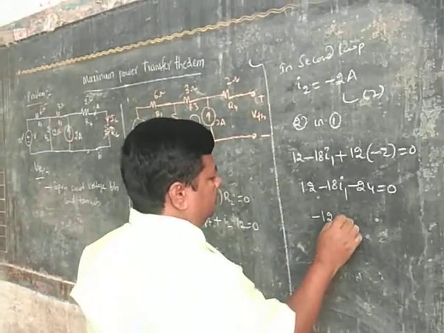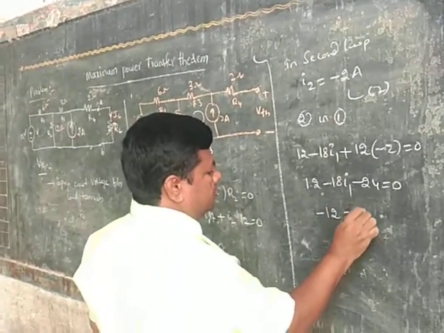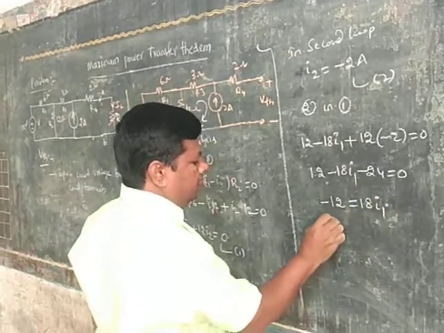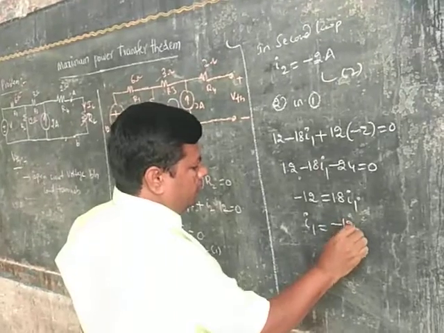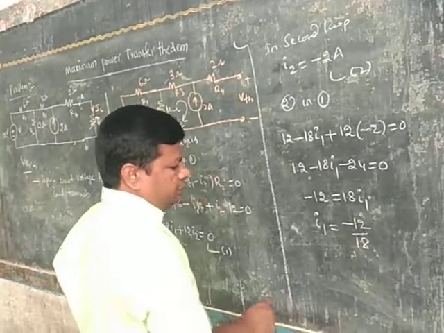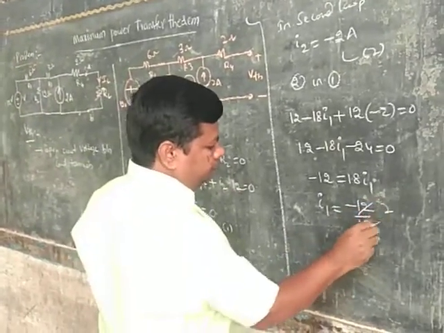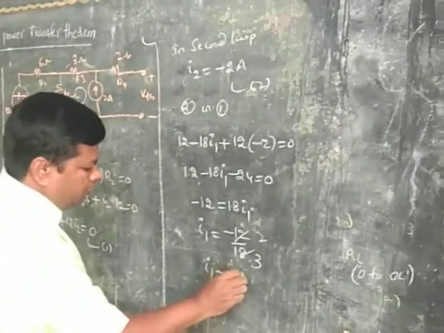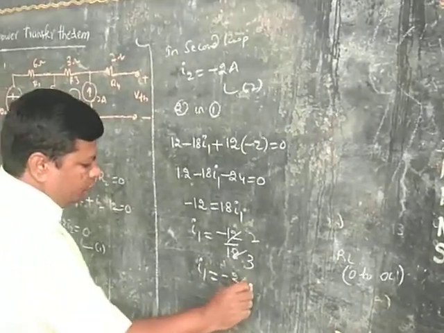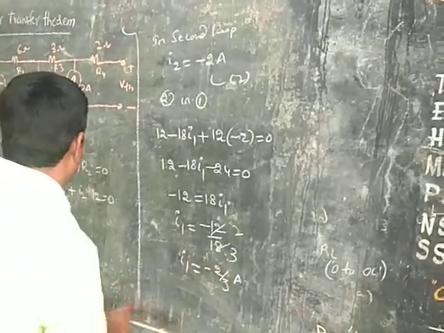Minus 12 is equal to 18 I1. Then I1 is equal to minus 12 by 18. So I1 is equal to minus 2 by 3 amps.